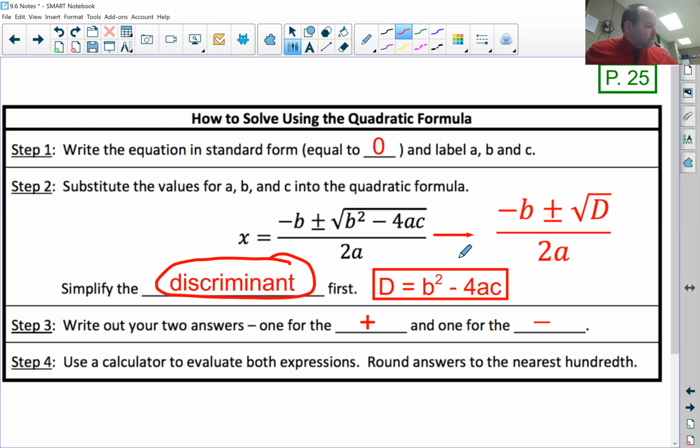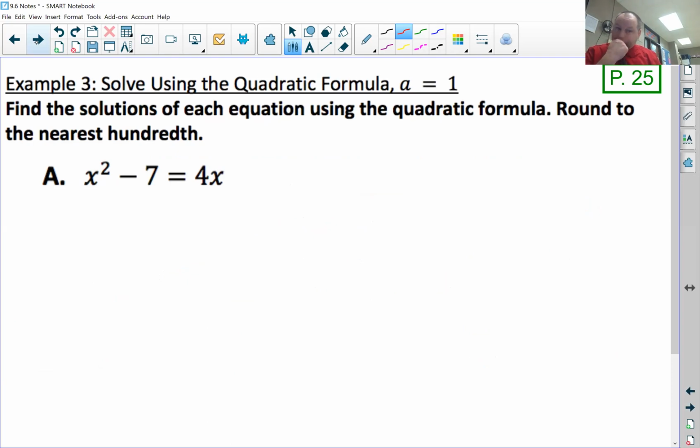And so we'll do a couple of examples. First thing we need to do, get the equation in standard form, so subtract the 4x.